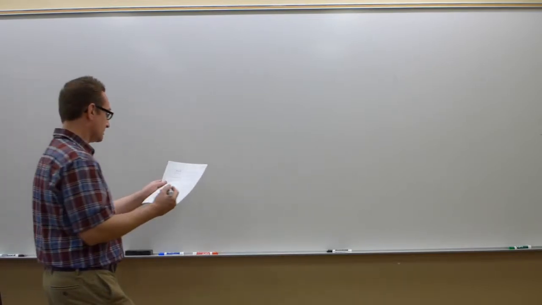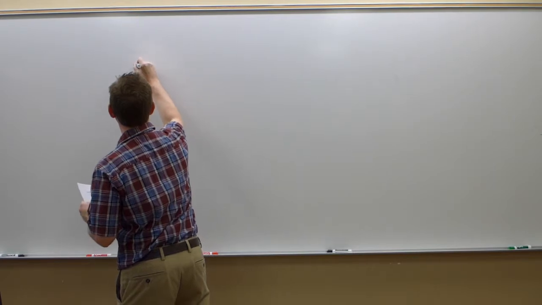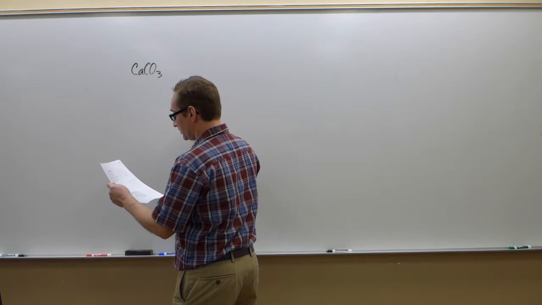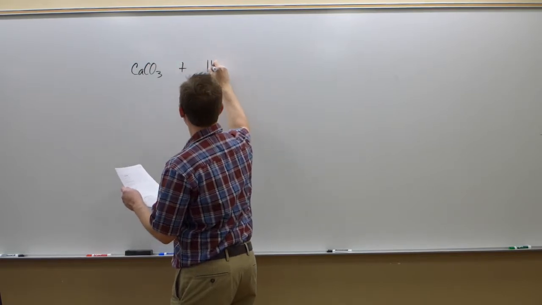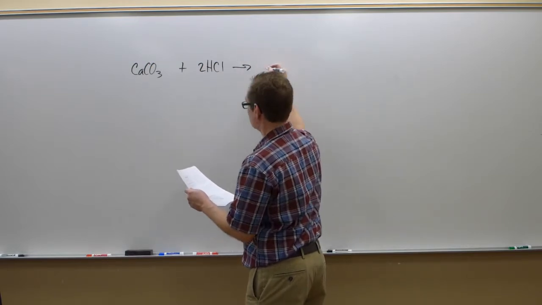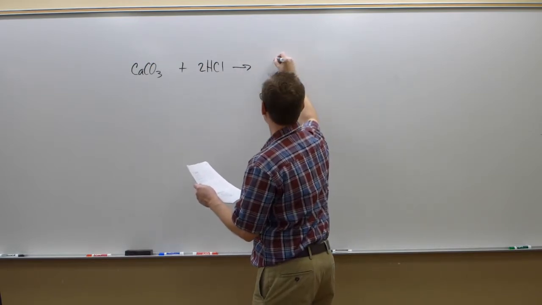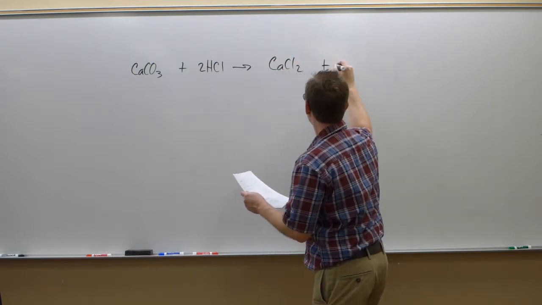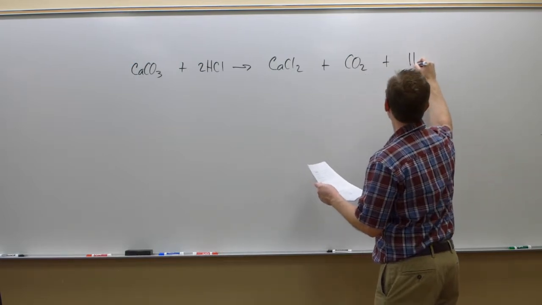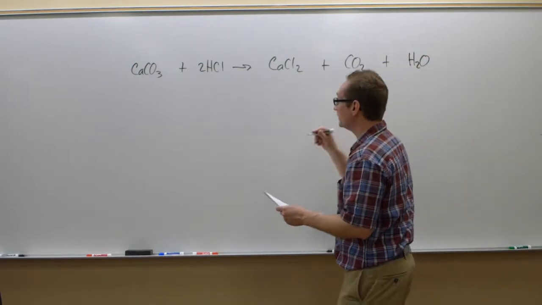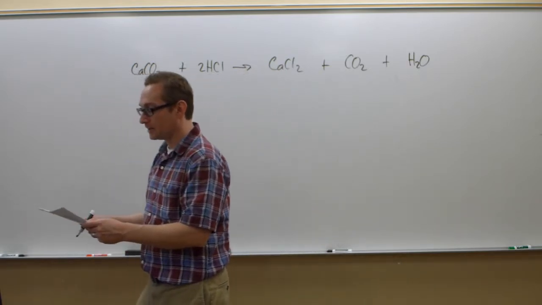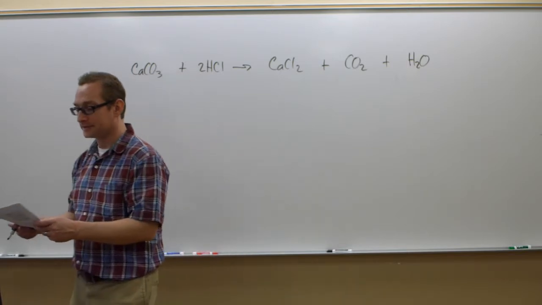All right, let me write the chemistry up here. So I've got calcium chloride, 2HCl, and okay, so the first step after you balance, what does it tell you to do there?